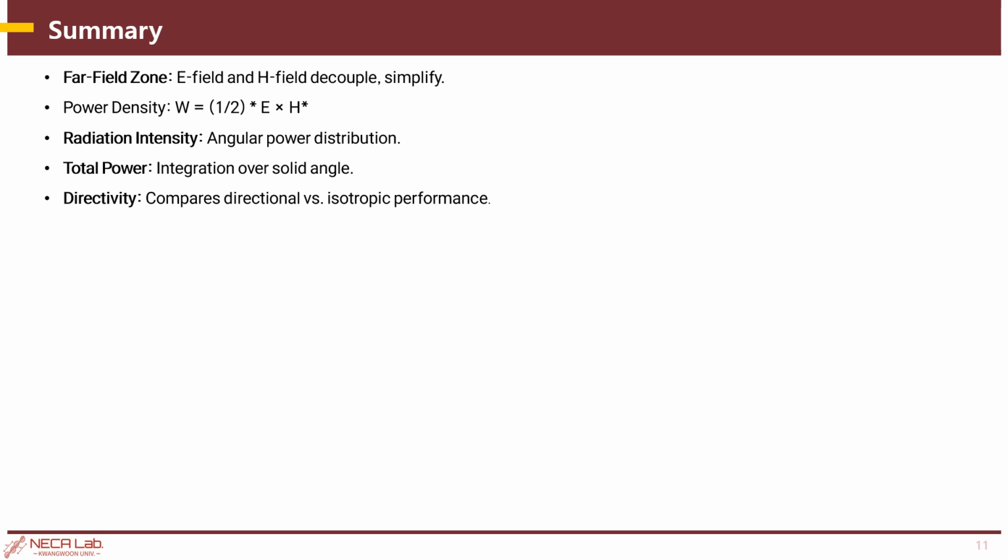The total power is calculated by integrating the radiation intensity over a solid angle. Finally, directivity allows us to compare the antenna's performance to that of an isotropic radiator, with higher directivity meaning a more focused beam. These concepts form the backbone of antenna theory and analysis, helping us design and evaluate antenna systems effectively.